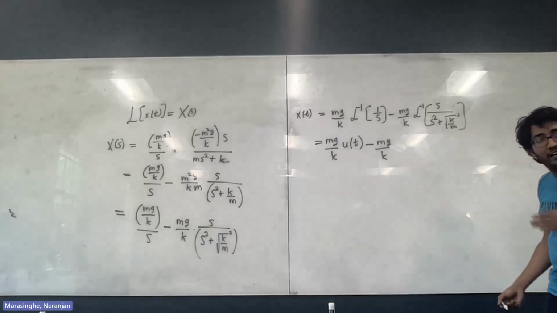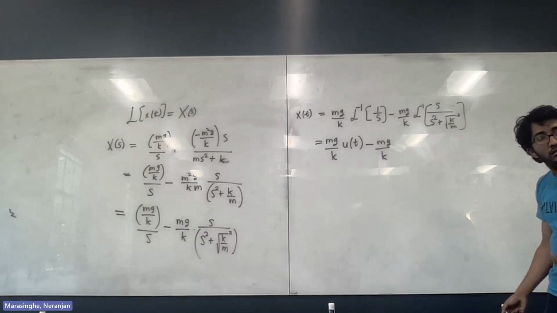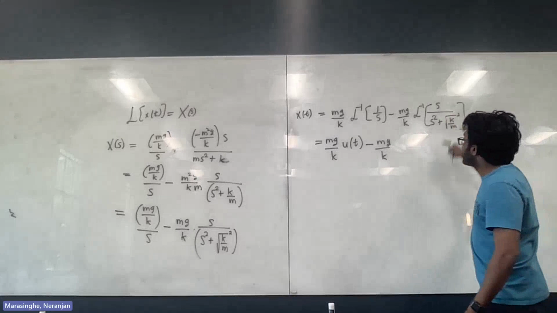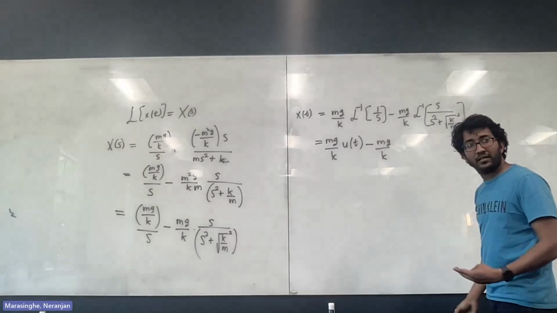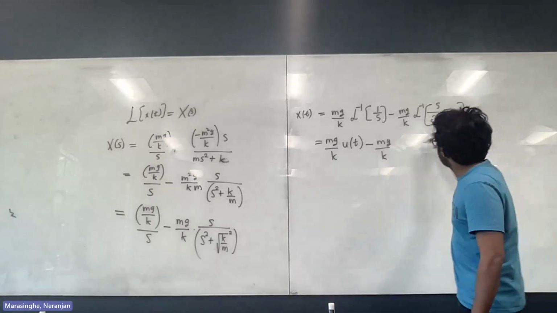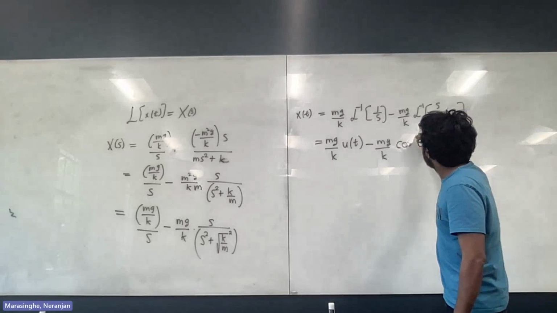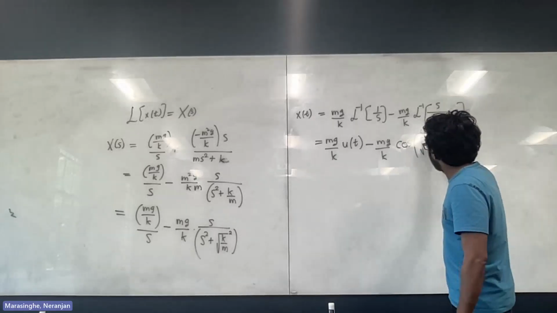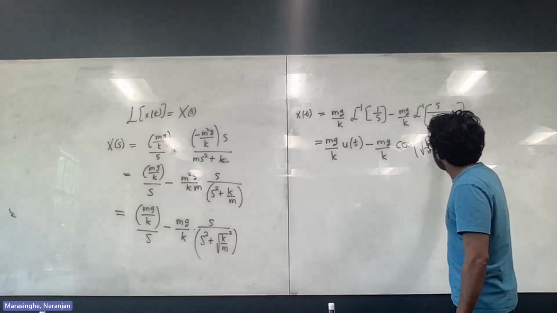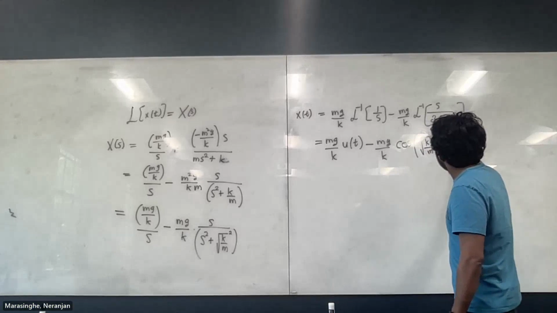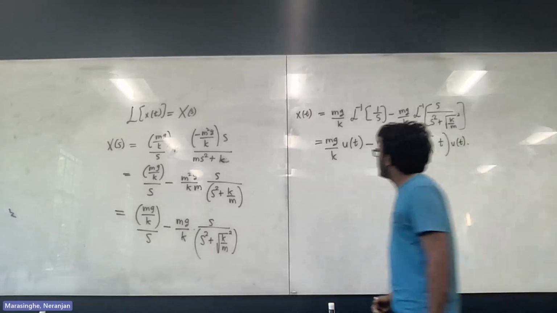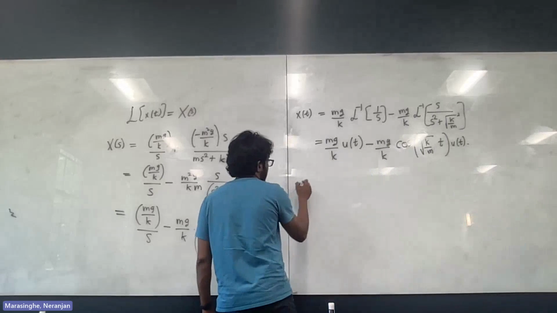It is of the form s divided by s square plus omega square. That is cosine omega t, right? So what is the inverse Laplace of this one? Cosine, instead of omega, I have square root of k divided by m, t. Right. So this is my final answer.